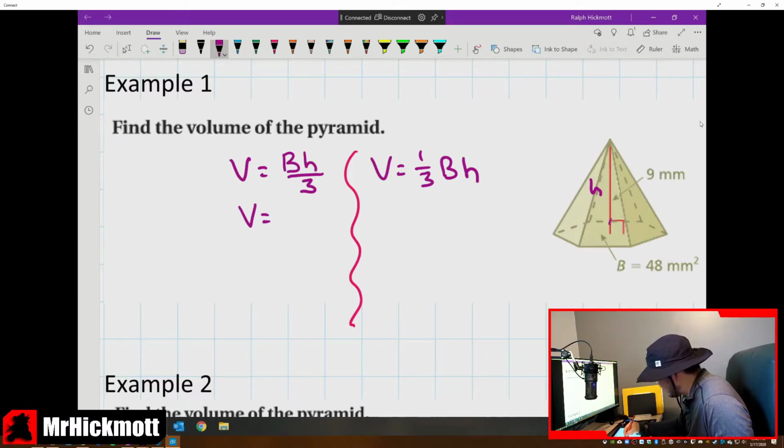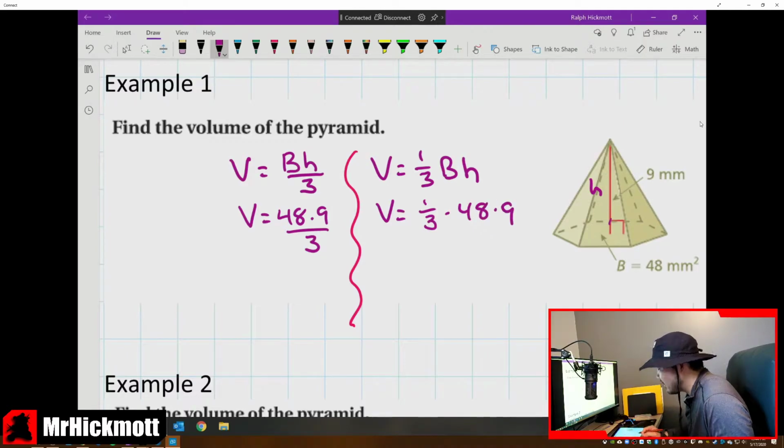So the area of the base is 48 times 9, and we're going to divide by 3. Over here, if I use the other version of the equation, it'd be 1/3 times 48 times 9. After this, there's not too much more than punching out the numbers and making sure we're accurate when putting it into our calculator.